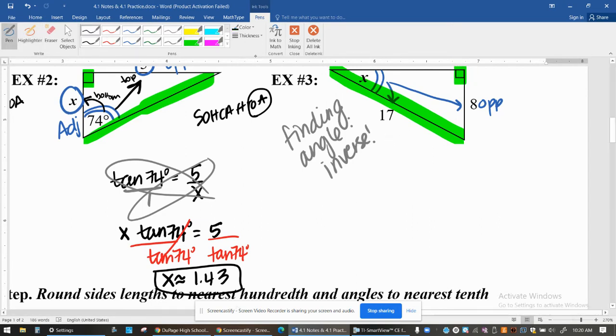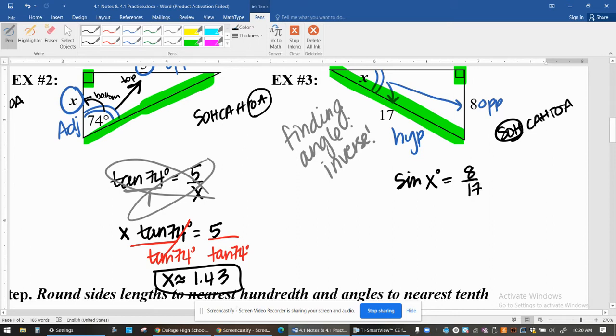All right, so opposite and hypotenuse involves sine, right? So for SOHCAHTOA, sine is the one that requires the use of opposite and hypotenuse. So I'm going to set up sine of x, we don't know the degrees, equals opposite over hypotenuse.